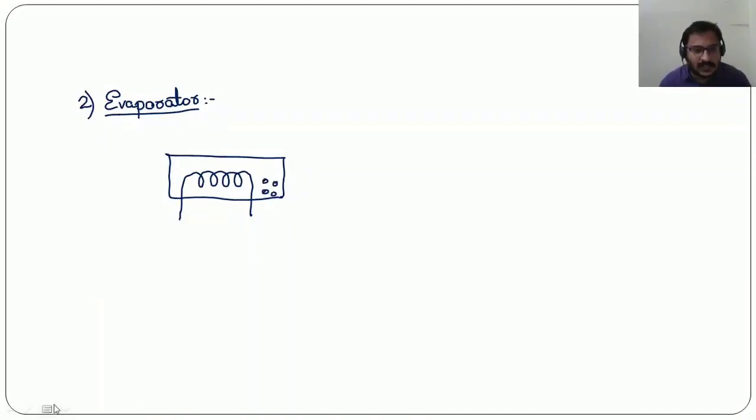Now the refrigerant enters into the evaporator with certain pressure and temperature. That means the refrigerant is entering into the evaporator at a lower pressure and lower temperature.